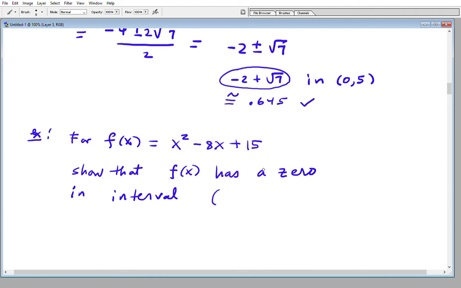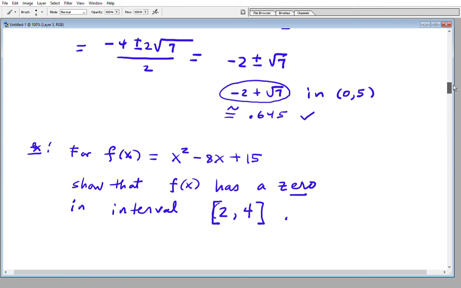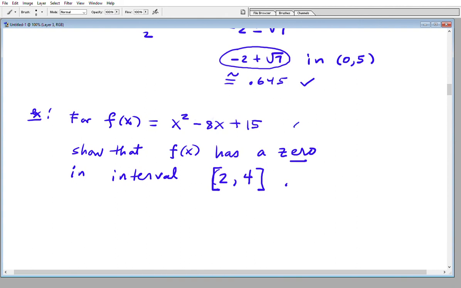All right, so let's make the interval 2 and 4. Show that f of x has a 0 in this interval, and we're going to use the intermediate value theorem. Now we could just factor this.